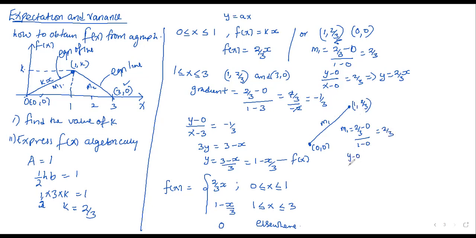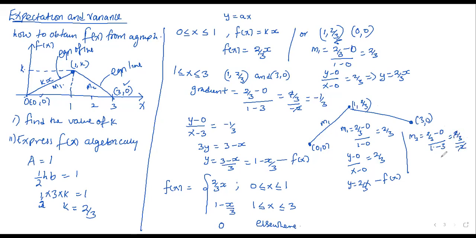Then get me the equation of the line. y minus 0 over x minus 0 is the same as the gradient. So you'd get y is 2/3 x. This is function f of x. Then go for the second line. This was 3, 0. The second line has gradient m2, which is 2/3 minus 0 over 1 minus 3, which is 2/3 over negative 2. This gives you negative 1/3.